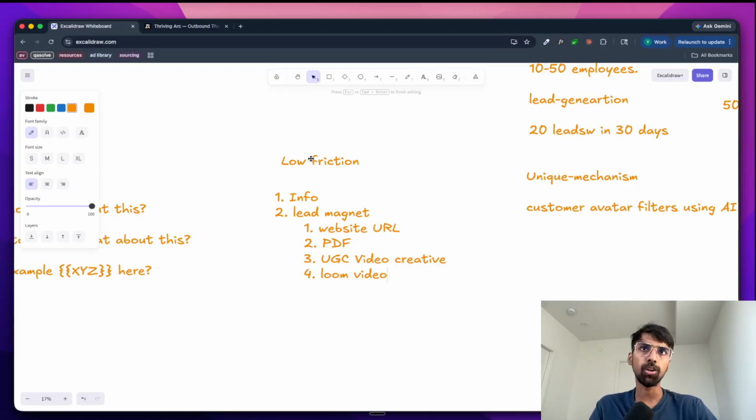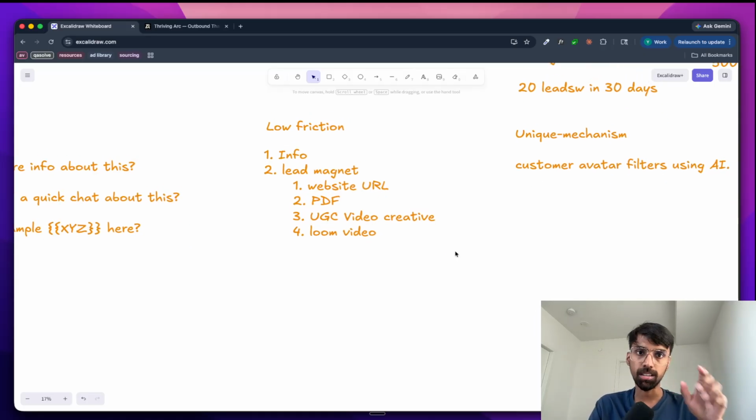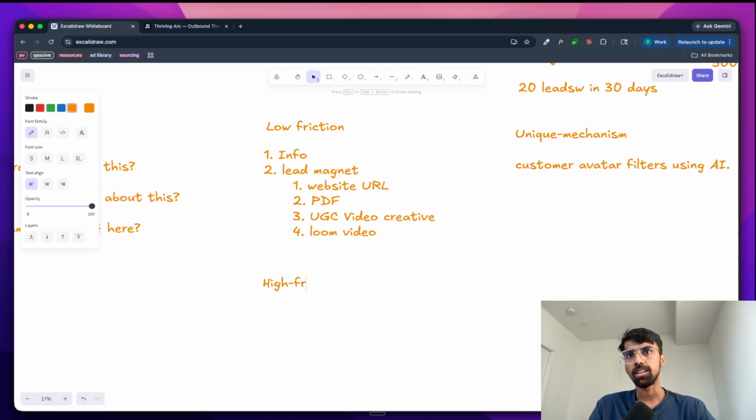And this is a very low friction ask. This is just sharing more information, and your prospect in the email does not have to commit to anything to reply with, okay, sure, send me more info. This is an extremely low effort reply. You can do this all the time. The other thing is a high friction ask, but this is more rewarding. Why?